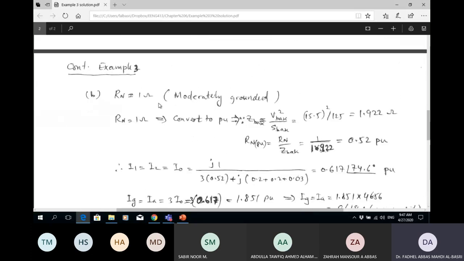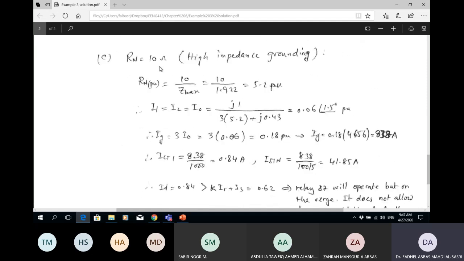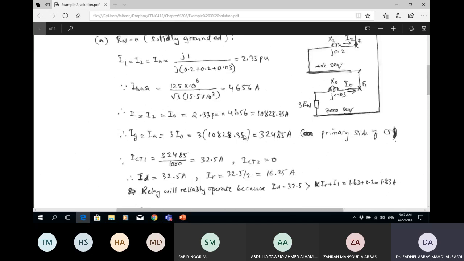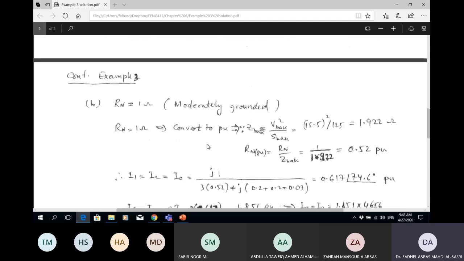Now, if we go for 1 ohm, moderate grounding resistance, I'll repeat the same thing for 10 ohm, for high grounding resistance. I'll see how that affects. Now, because all the impedance here is in per unit, I'll convert this to per unit first.